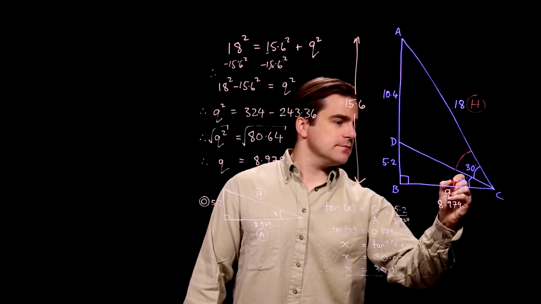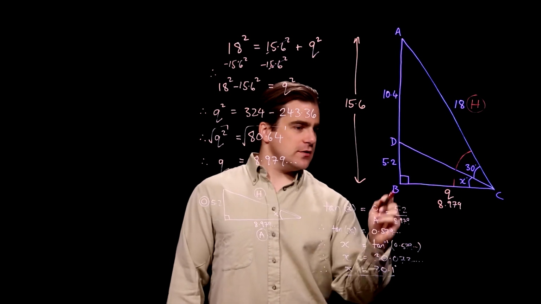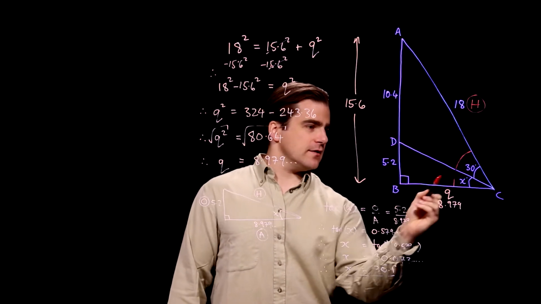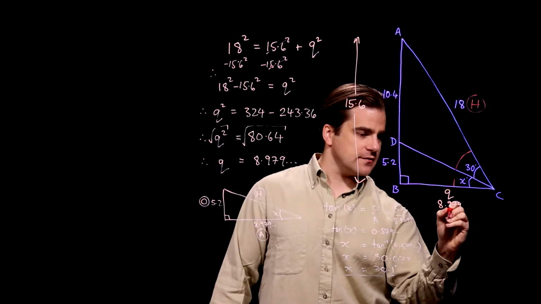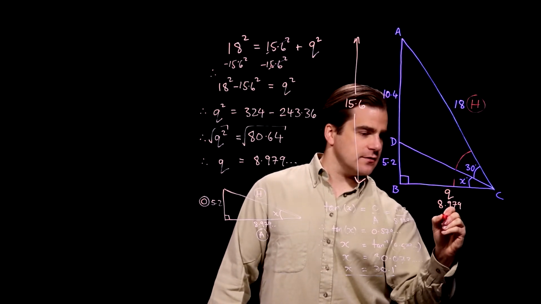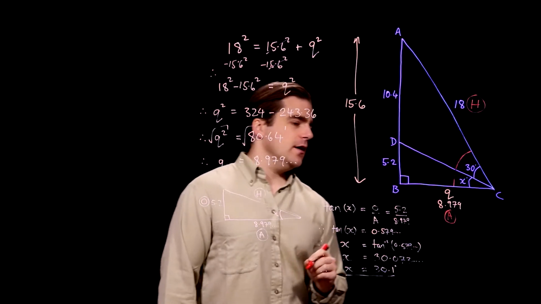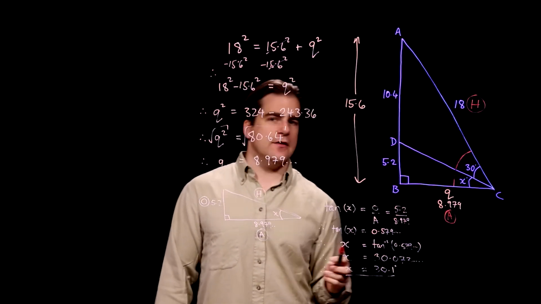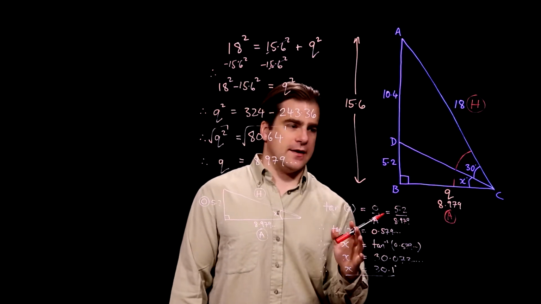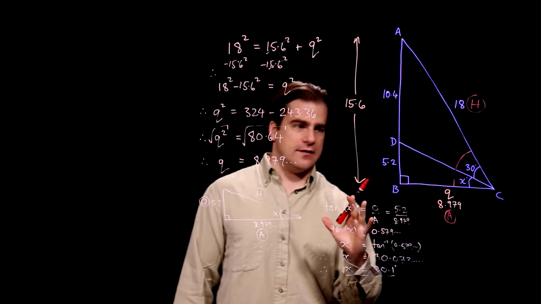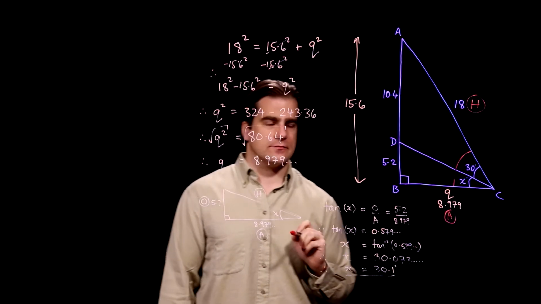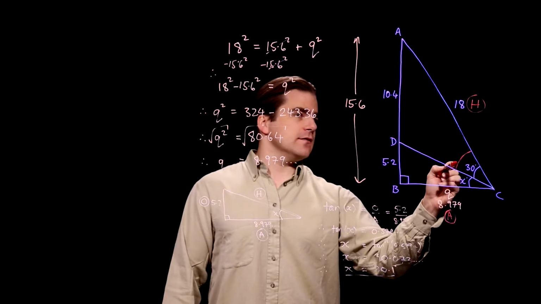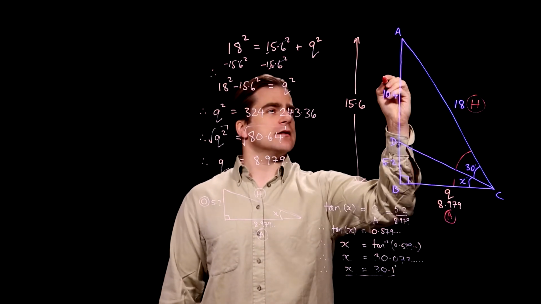Here is our angle. The one touching the right angle and your angle is the adjacent, so it's 8.979, but if we were to do this method from the beginning, we wouldn't know that. So let's pretend that we don't know what this side is. And the side opposite the angle is the opposite.